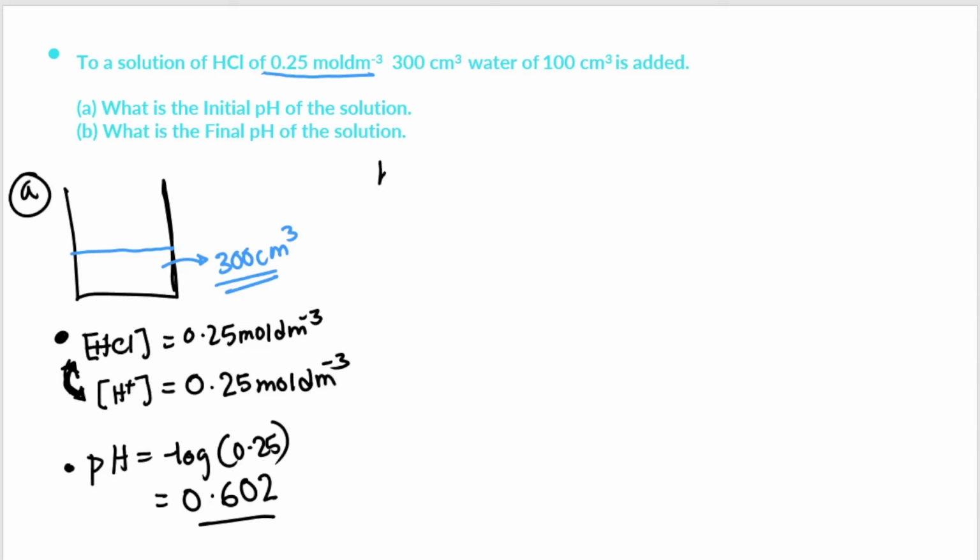Now let's solve the second part of the question, where we have to find the final pH. To find the final pH, we must understand that initially there was 300 centimeter cube of solution, which had a fixed number of moles of hydrochloric acid.